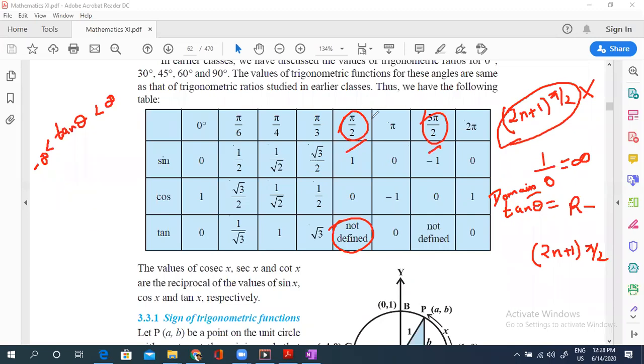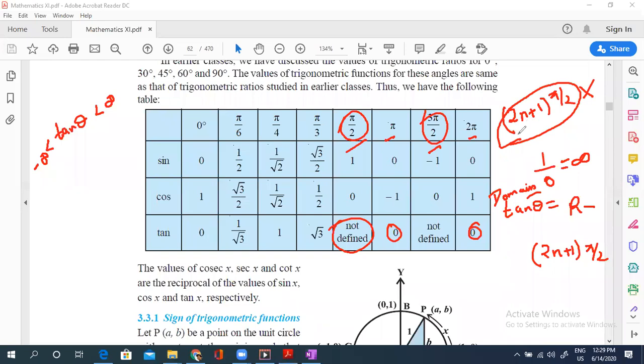So it is the odd multiple of pi by 2, na? Because if you talk about even multiple, it will become pi and 2 pi also. And the value at pi and 2 pi is 0. Okay, it's not undefined. That's why this tan is undefined at odd interval of pi by 2.